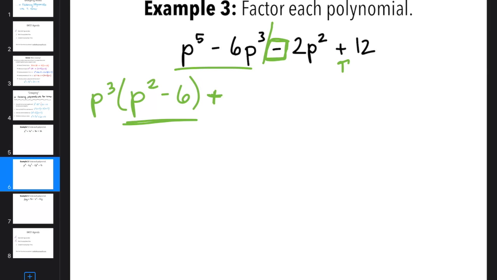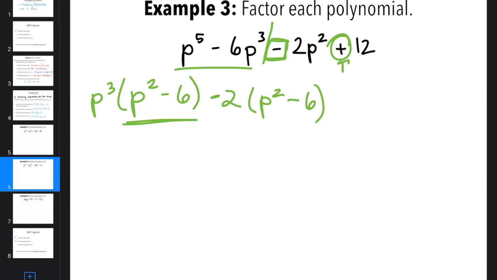Well, looking at my second half, this is not a subtraction sign. So in order for me to get that subtraction sign, I'm going to factor out a negative 2, leaving me with p squared minus 6. So factoring out that negative sign helps me change that sign to a negative.